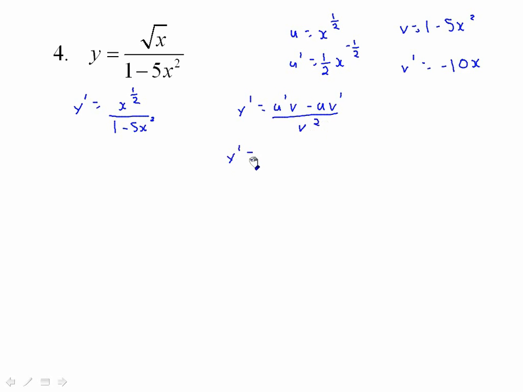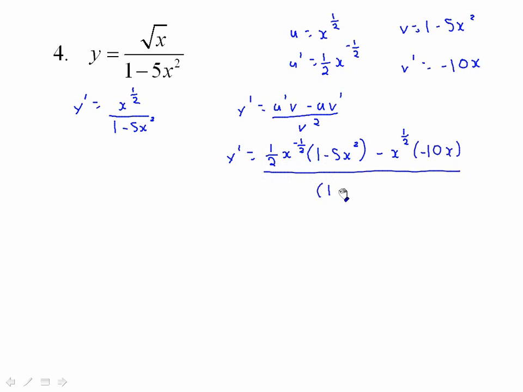So y prime is equal to 1/2 x to the negative 1/2 times v, which is 1 minus 5x squared, minus u, which is x to the 1/2 times v prime, which is negative 10x. And this is all over v squared, so 1 minus 5x squared all squared.